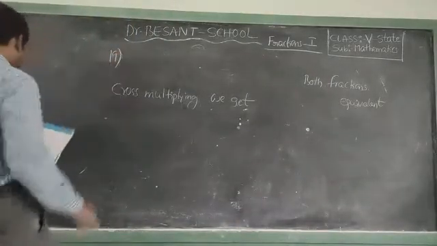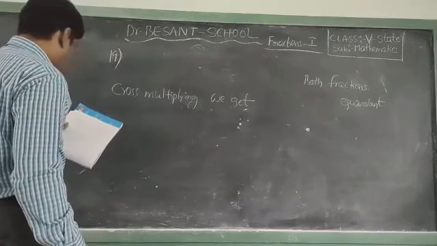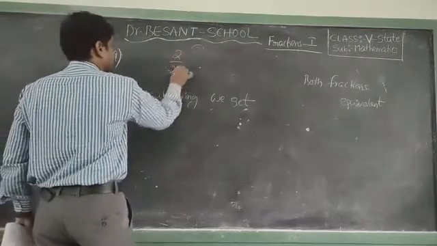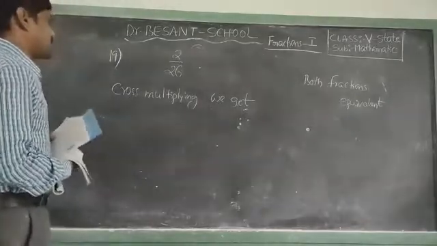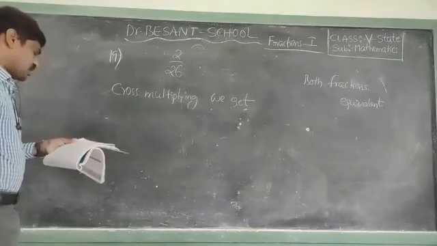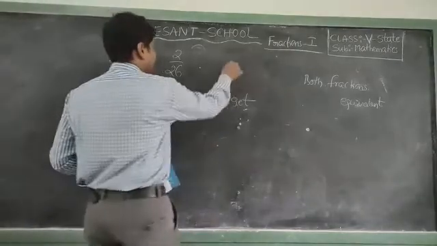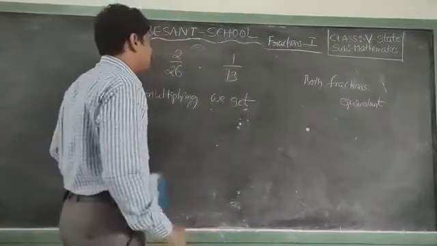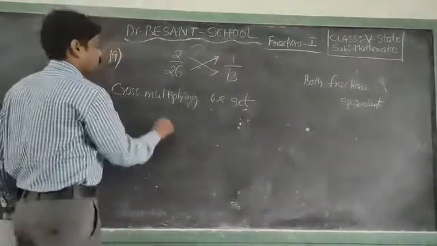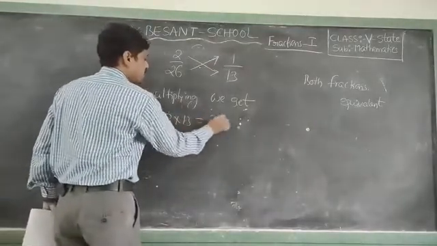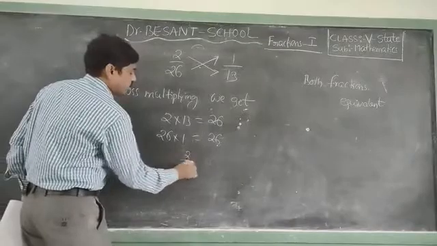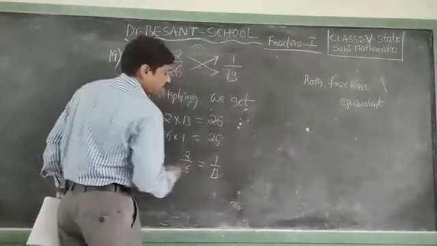Nineteenth one: fraction of the day Lalita spent playing tennis is 2 by 26. In a day, 2 by 26 fraction of the day she spends with tennis. Like this, she spends playing chess 1 by 13. Now, are both equal or not? By cross multiplying we get 2 into 13 is 26, and 26 into 1 is 26. That's why 2 by 26 is equal to 1 by 13.